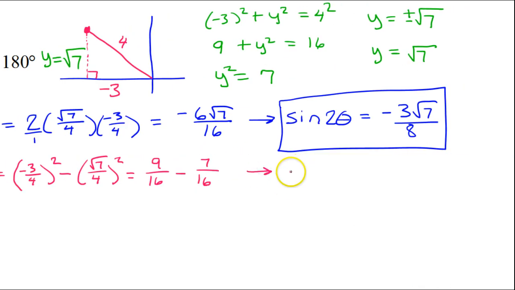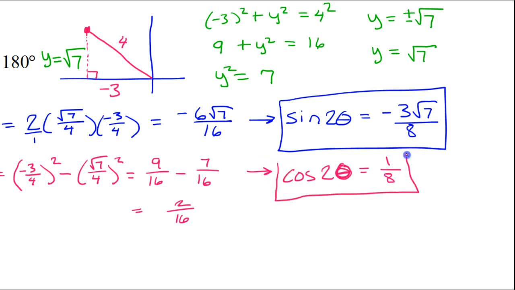So I'm going to go ahead and say cosine 2 theta equals, you know what, I guess this will reduce a little bit. So this is going to be 2 over 16, which reduces down to 1/8. Alright, so cosine 2 theta is going to equal 1 over 8.